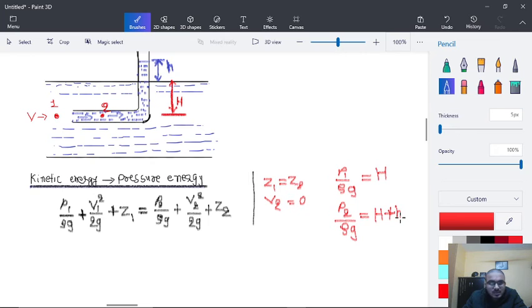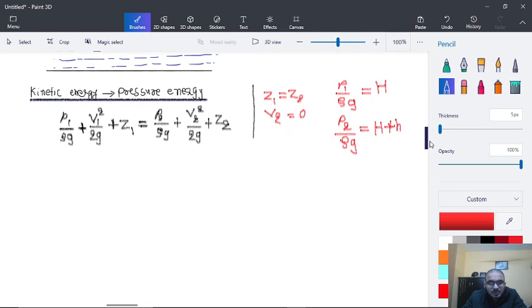Now why is it like this? Because here the velocity is 0 and it is fully converted into the pressure energy, that is total height. So we can substitute everything.